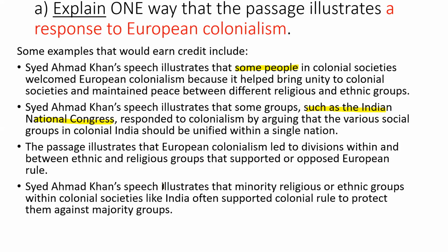Because what you're doing with this is you are, again, broadly trying to answer how the passage is a specific example of a broader response. Hopefully that makes sense. His speech illustrates that a minority religious or ethnic group within colonial societies like India often supported colonial rule to protect them against majority groups.